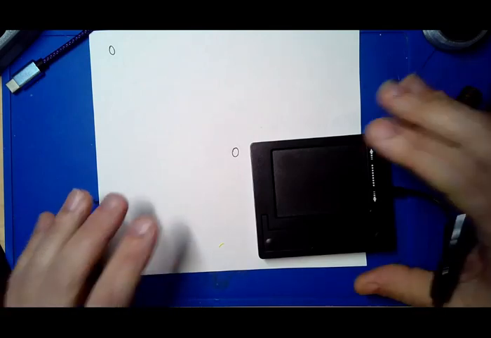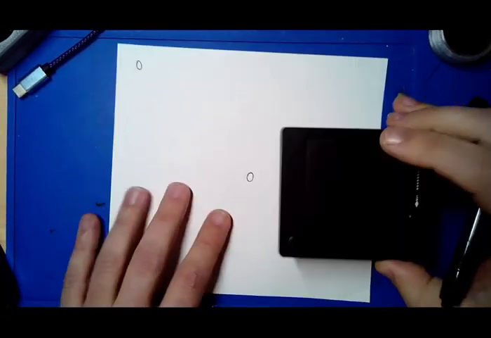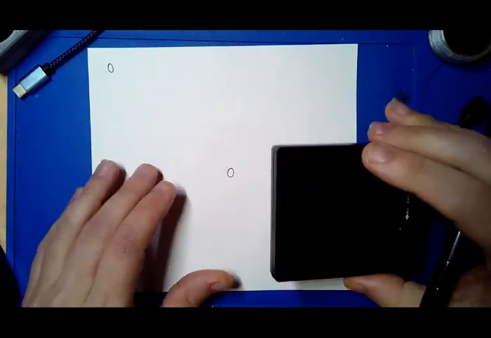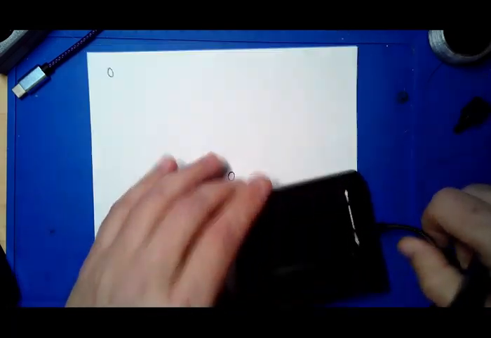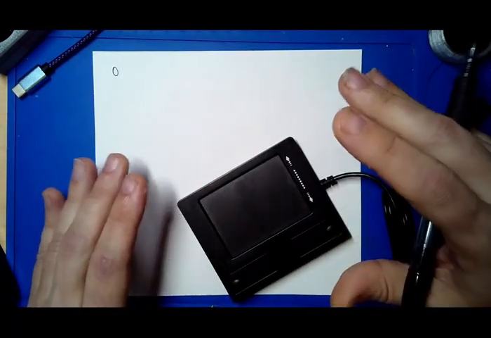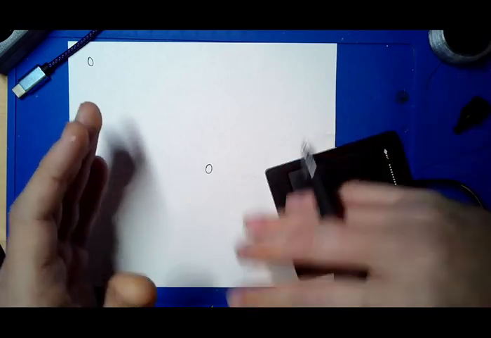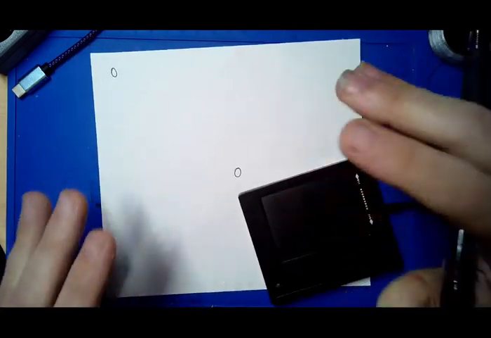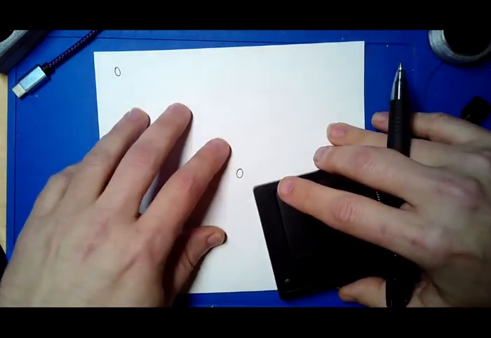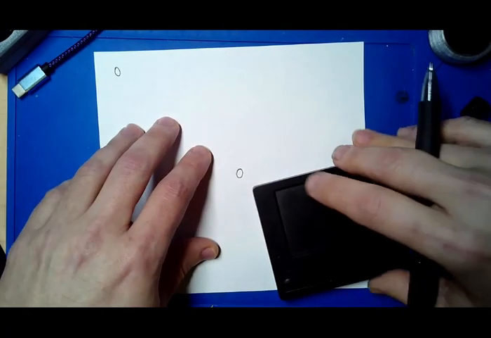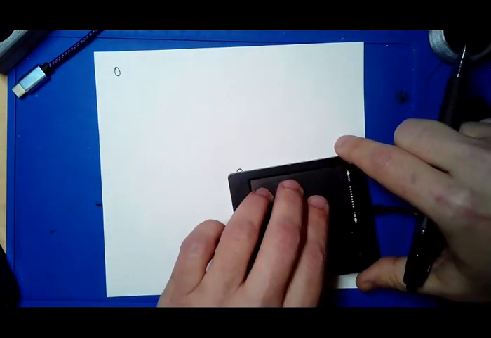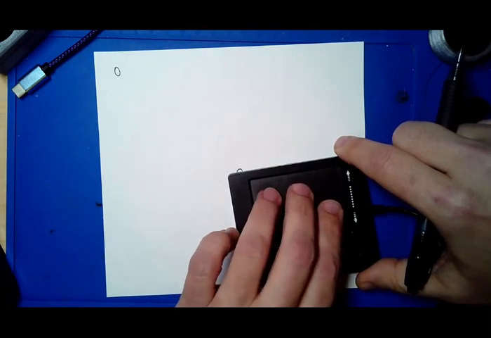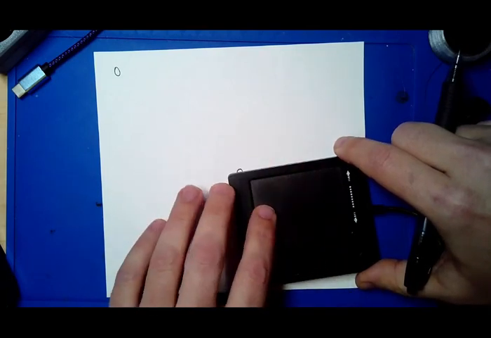Well, sounds simple enough. The problem is that there's a number of limitations with the way that HID devices are designed and the way that these components of your computer interact. The first thing is that the resolution on your screen is different than the resolution of this device here, this touchpad.